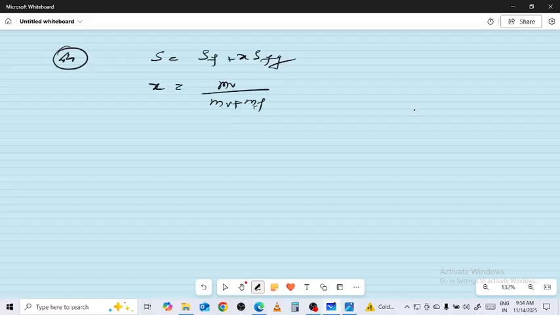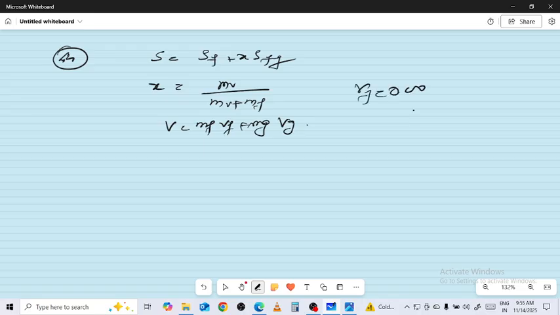So we know that the volume V is equal to mf Vf plus mg Vg. We have the value of Vf as 0.001157 meter cube and Vg equal to 0.12736 meter cube.